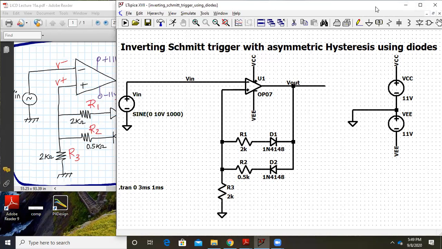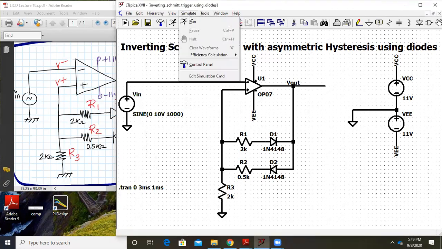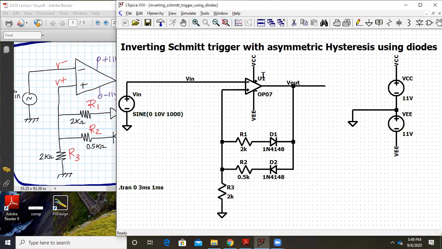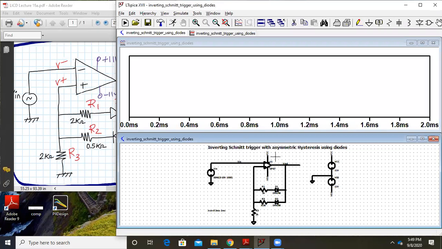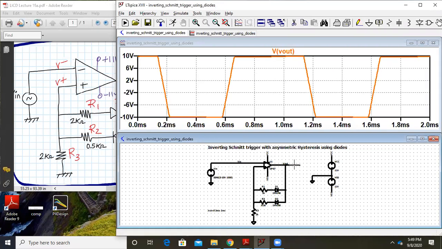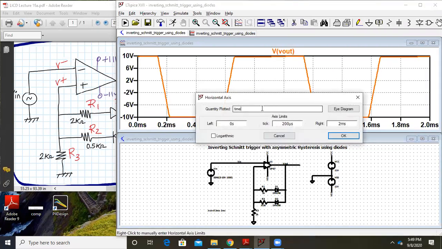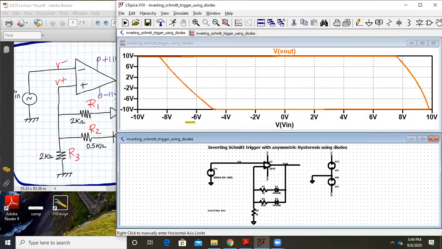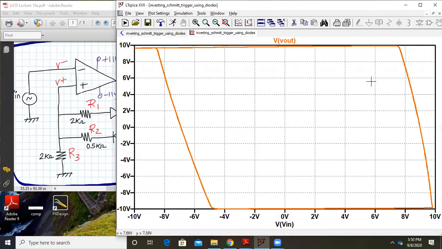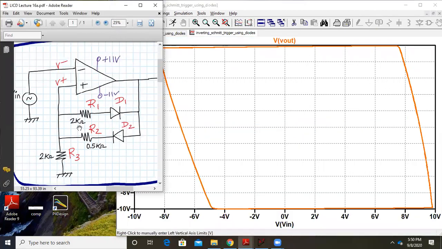Let me go to run and click on it. Here we are plotting the output waveform directly, and we will be checking the input. So we need to change the time axis from time to Vin. So as you can see, this is my hysteresis curve. This is the hysteresis curve which we are getting.